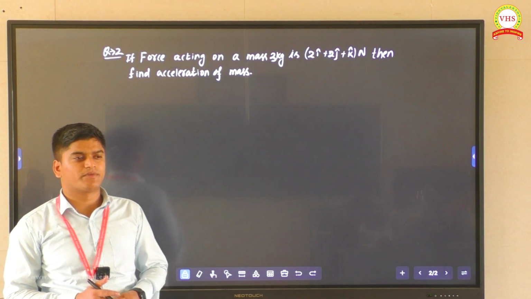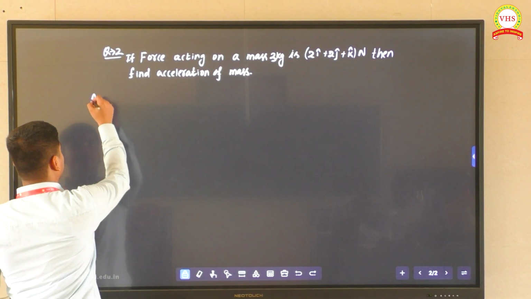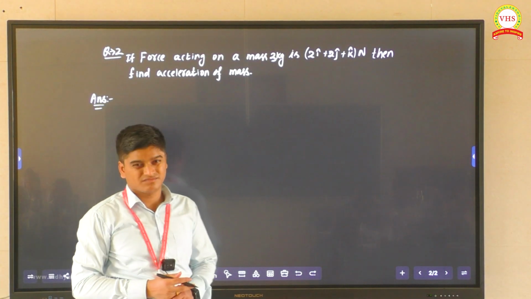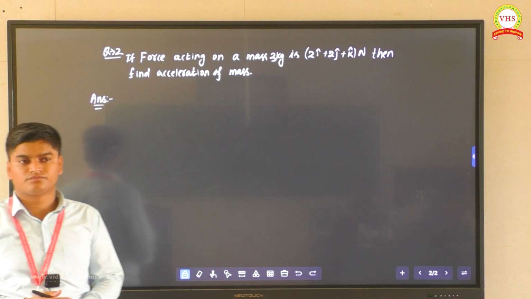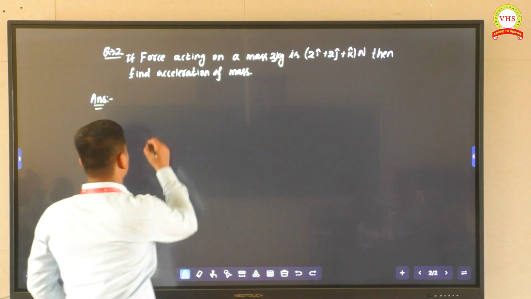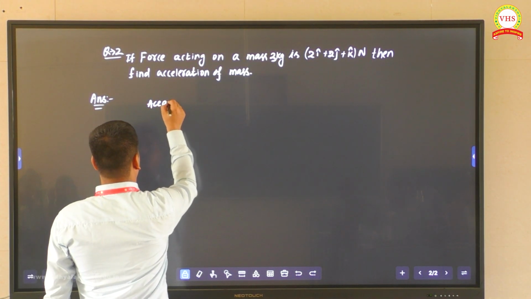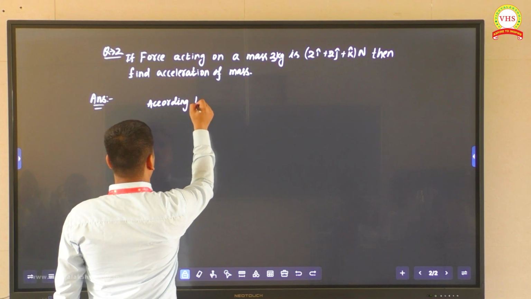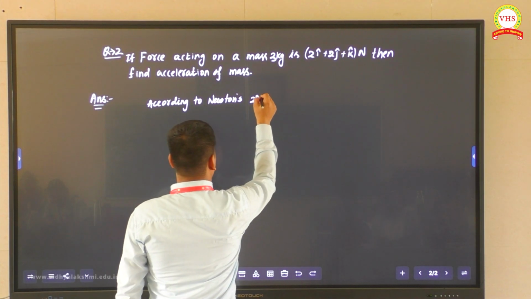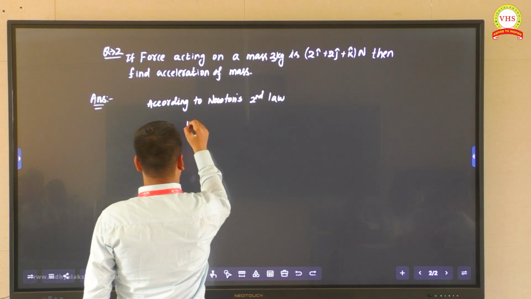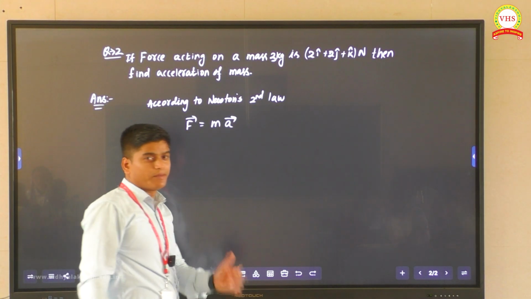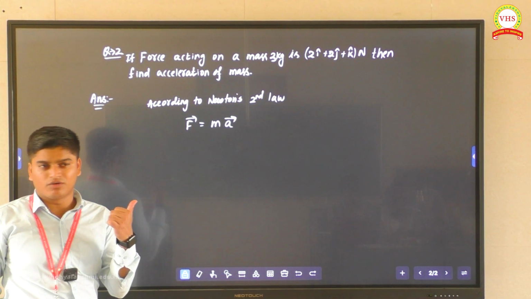What is the acceleration of the mass? Tell me how to find it. Direct formula according to Newton's second law. According to Newton's second law, F equal to mass times acceleration. When mass is constant, you can use this formula, F equal to ma.